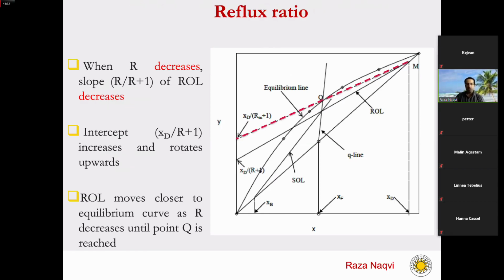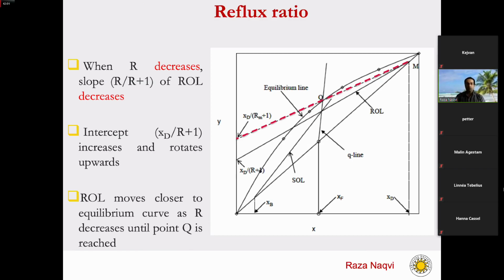If the value of R decreases and the operating line moves closer to the equilibrium curve, right? It means the driving force will be smaller. If you remember, I told you yesterday, the distance between the operating line and the equilibrium line gives us information about the driving forces. There should be certain driving forces in order to achieve mass transfer. But if the operating line keeps on moving closer to the equilibrium, what will happen?